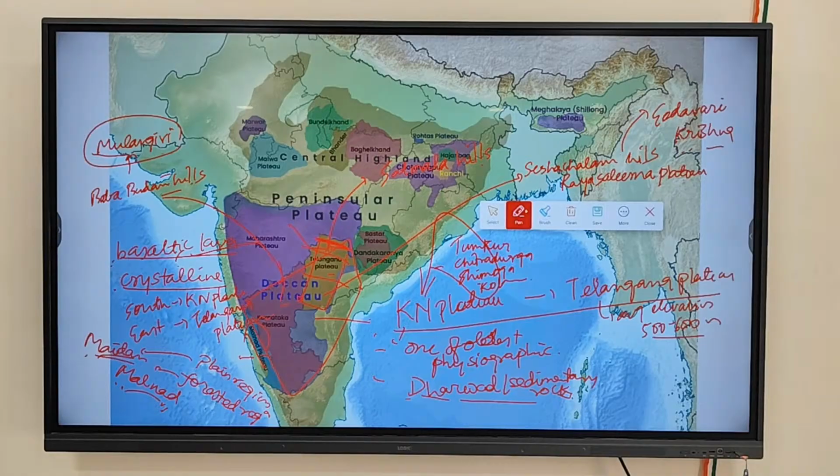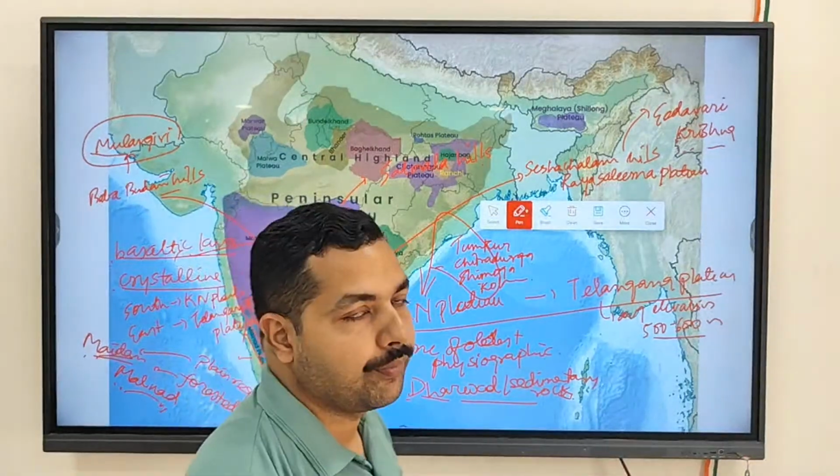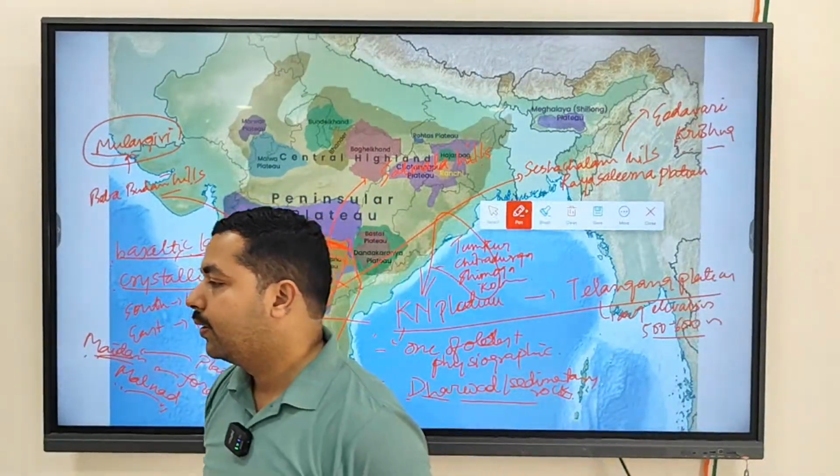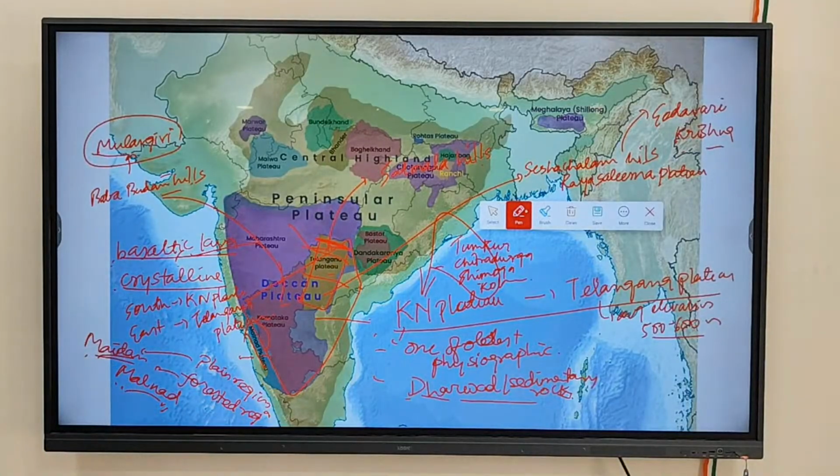You can write Kaveri River, Mahadai River. Many rivers are there. Fine. So these are the important plateaus which you find: Karnataka Plateau and Telangana Plateau.